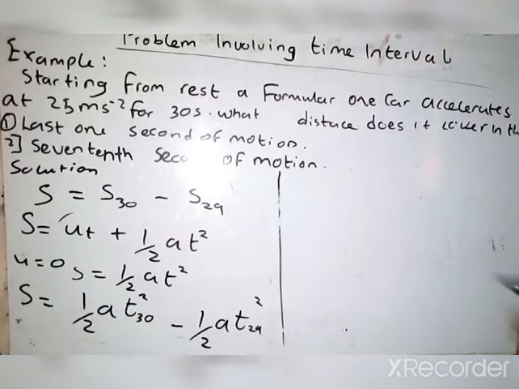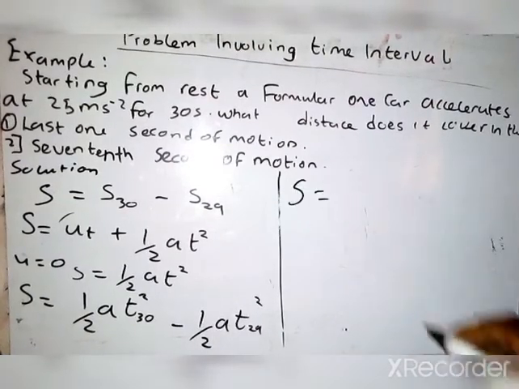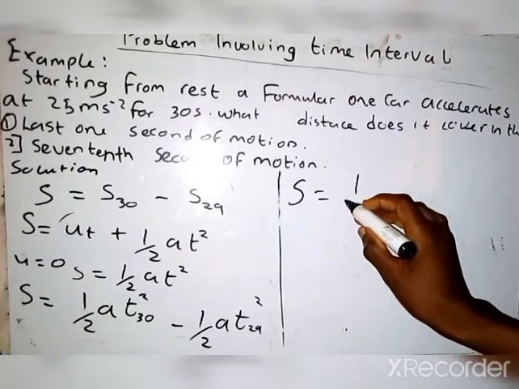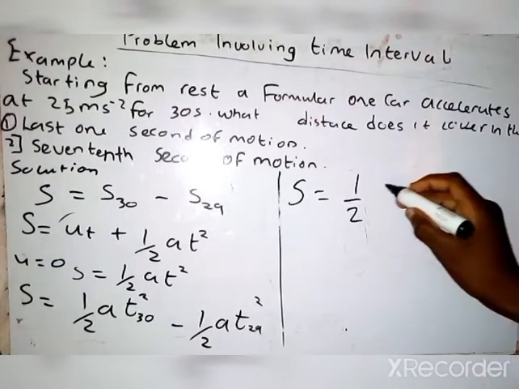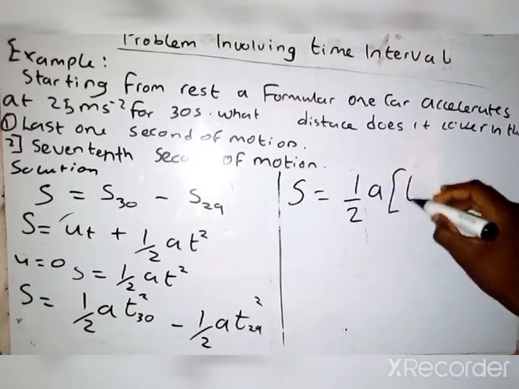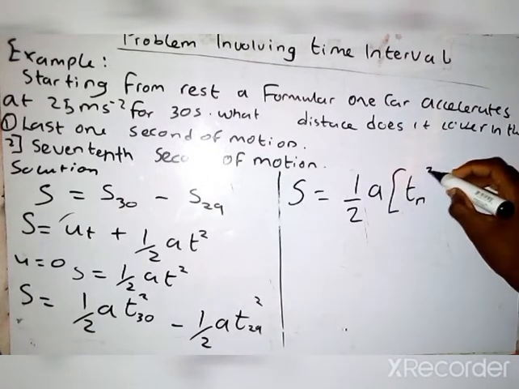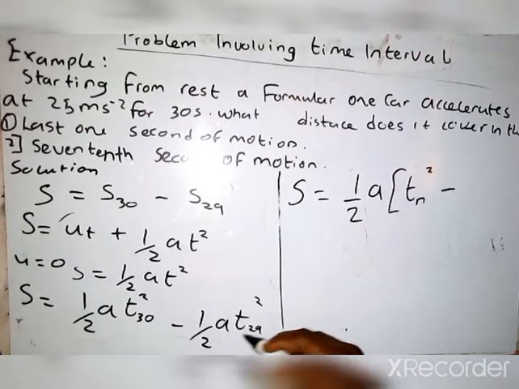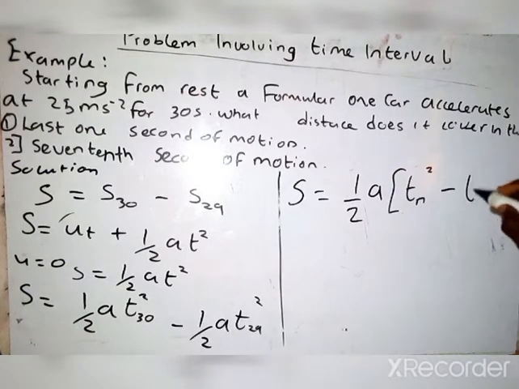So here we can see that S will be equal to 1 over 2 A, factorizing into bracket, Tn square minus, this one is decreasing by 1, Tn minus 1 all square.